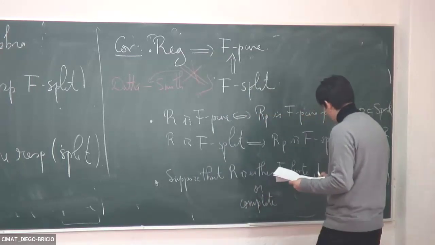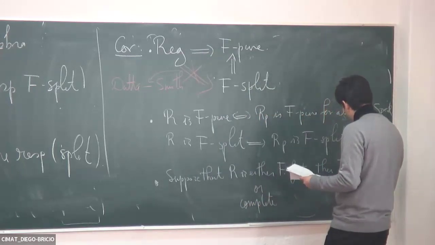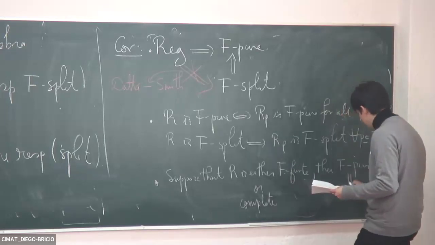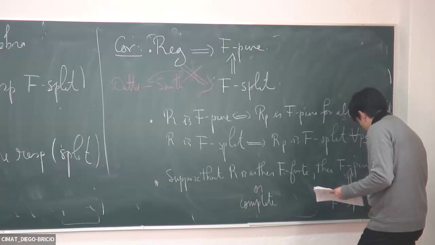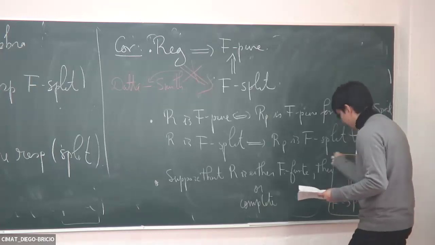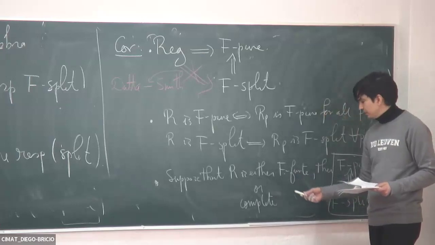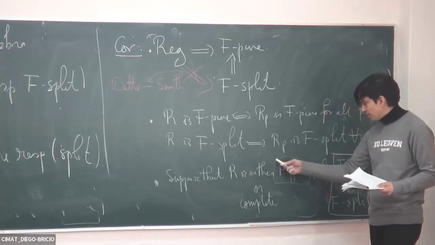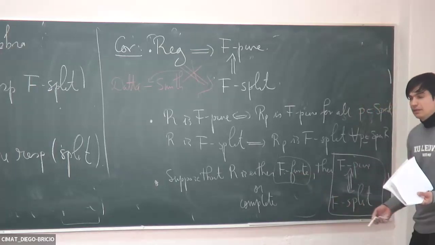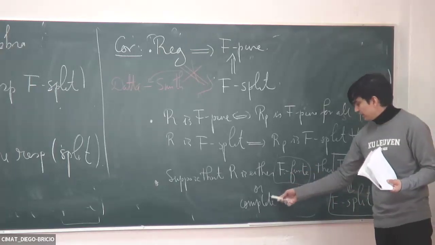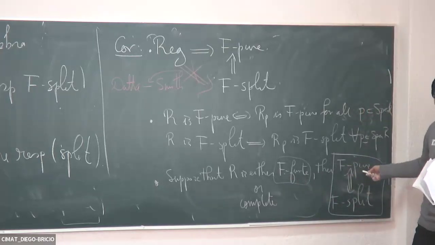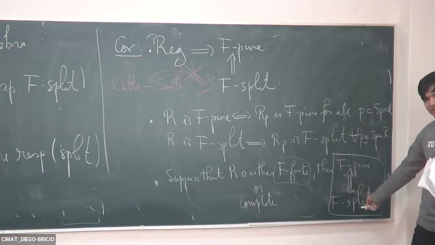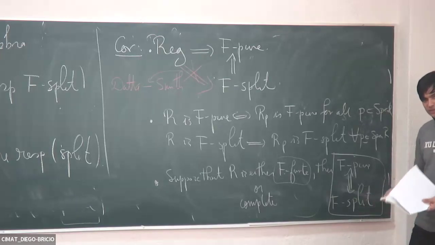Either one, then F-pure and F-split are the exact same thing. So usually the most common hypothesis people use is F-finiteness. So you see, usually in this type of setup, we put in our mouth the word pure, but very often we're talking about F-splitness. Because it's like a stronger consequence. You have a splitting map.